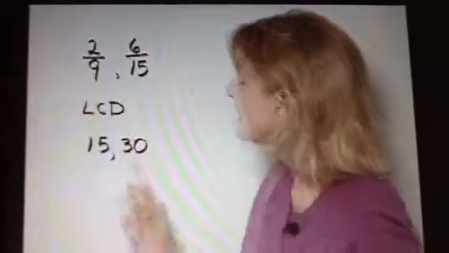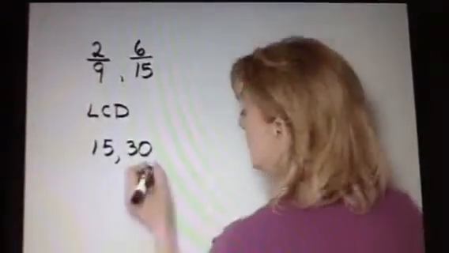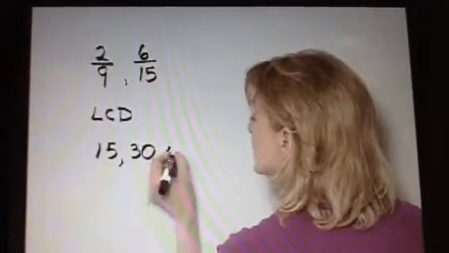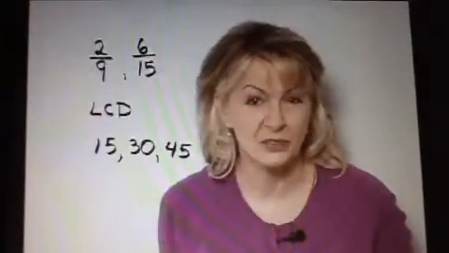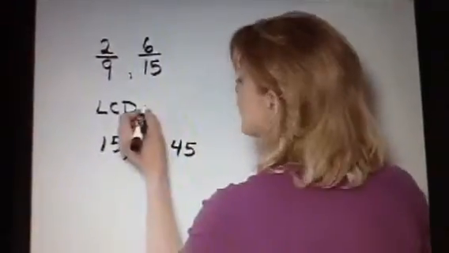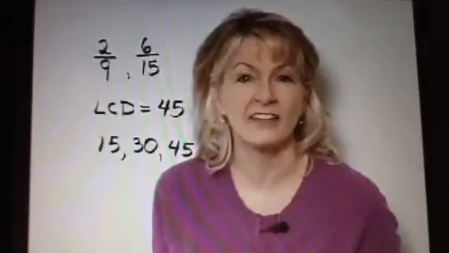Does 9 divide evenly into 30? The answer is no. So that's 1 times 15, 2 times 15, 3 times 15 is 45. Does 9 divide evenly into 45? The answer is yes. So the least common denominator is 45. What does that mean?